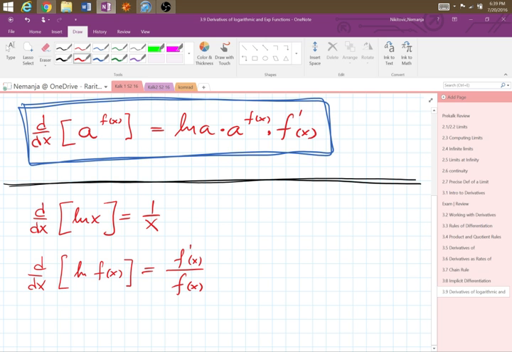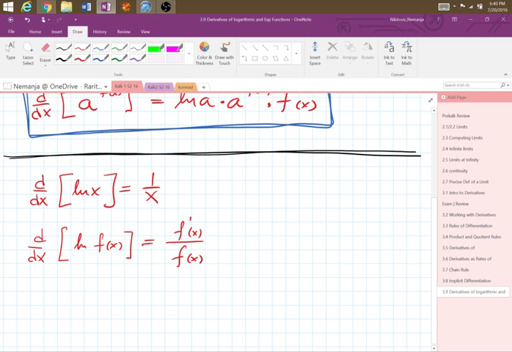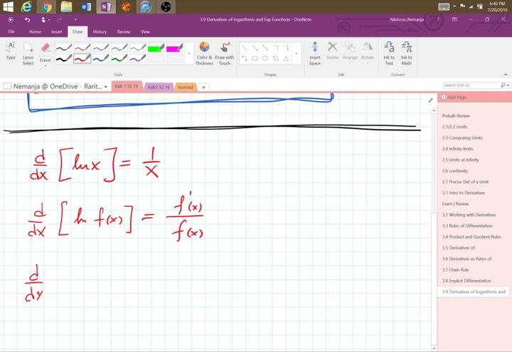So that would be that, and then obviously we are going to have again the derivative of the logarithm with any base. Derivative of log of any base. So again, that's going to be the most general case.